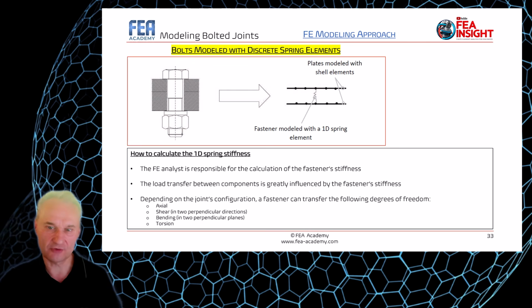You must first define the degrees of freedom the joint will be able to transfer, and then calculate the associated stiffness. Basically, depending on the joint's configuration, a fastener can transfer the different degrees of freedom: axial, shear in 2 perpendicular directions, bending in 2 perpendicular planes, and torsion.